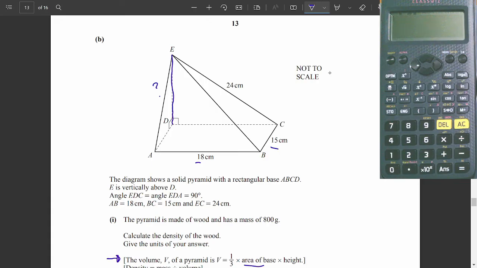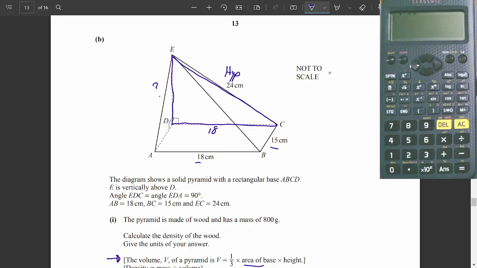Okay, but do not fear, just look carefully. That forms part of a right angled triangle. So immediately we think Pythagoras, SOHCAHTOA. What do we have in this right angled triangle? We've got the length CE, but also the length CD, since the base is a rectangle. So we've got two sides, of which one is the hypotenuse.